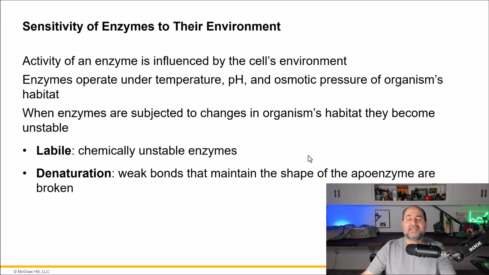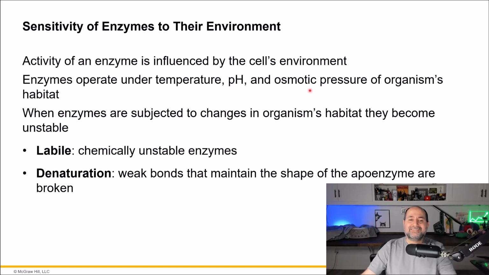And remember that enzymes are proteins that usually fold in a particular way. These enzymes can become misfolded under certain environmental conditions, like extremes in temperature, like extremely high temperature, differences in pH, let's say acidic or basic environments, or osmotic pressure.